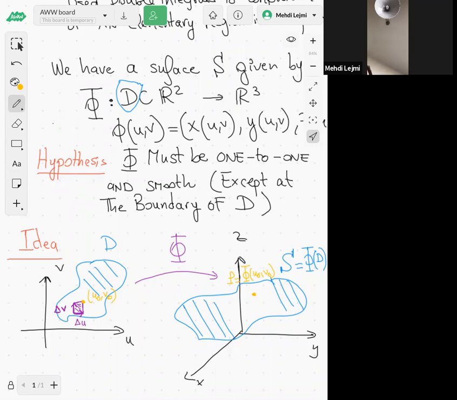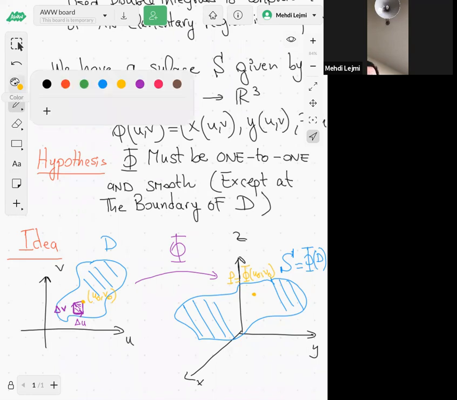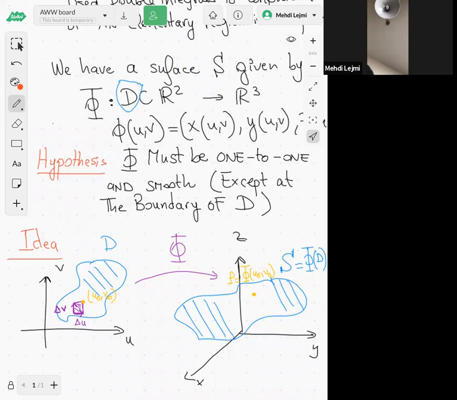So then actually the image would be, so you see, the sides of this rectangle here have lengths delta u, delta v, right? So the image would be a parallelogram. It's not necessarily a rectangle, you're gonna have a parallelogram, and you're gonna have two vectors.